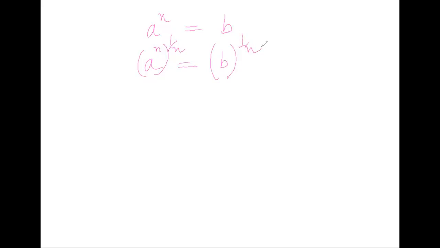Here also we have taken power 1 over n. So what happens here? Here n goes with n. So what are we left with? A only. And here there is no need of the bracket, b raised to power 1 over n.